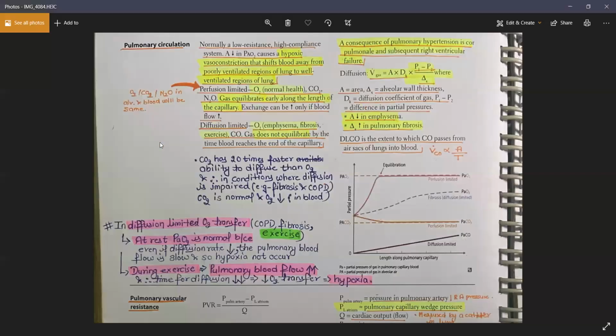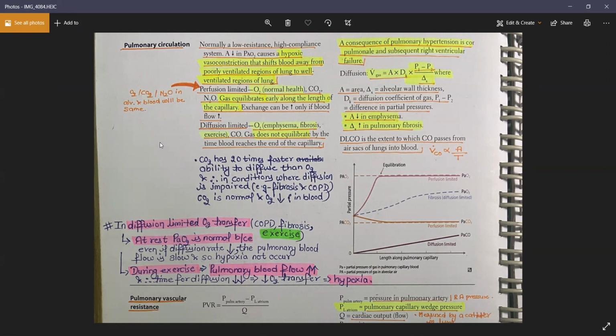In asthma, obstructive cases, will it be the same scenario? In case of your asthma, because it is an episodic condition, fibrosis is not there, and any damage to the alveoli is not there.